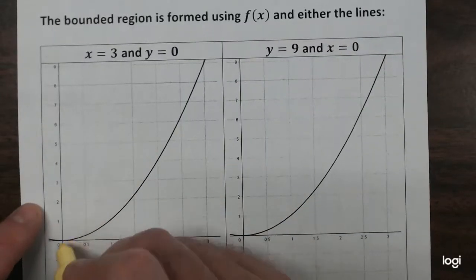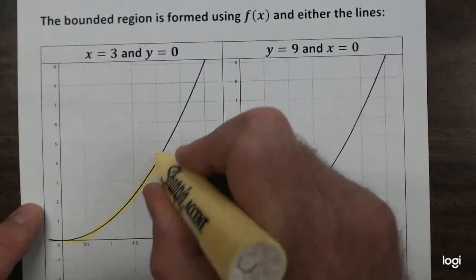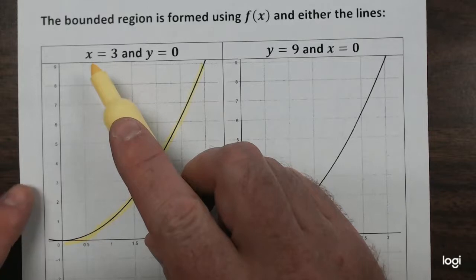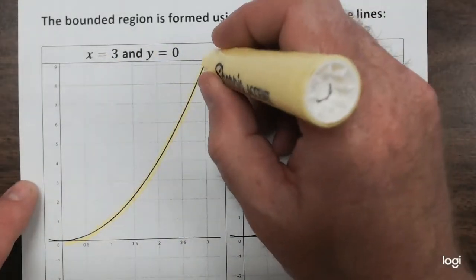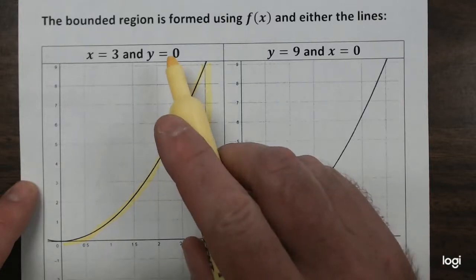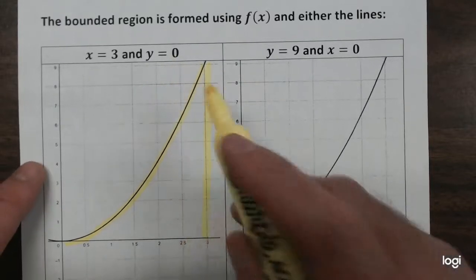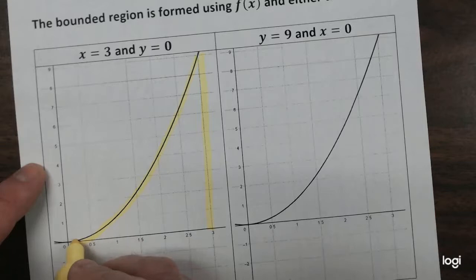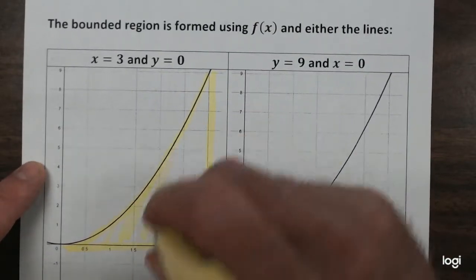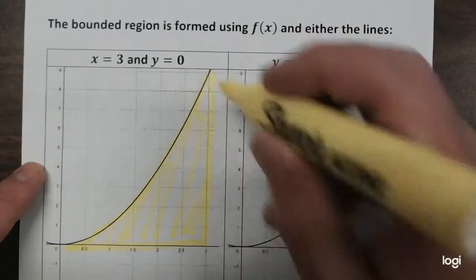The function y equals x squared is going to be one of our boundaries. The function x equals 3, that's a vertical line right here. And the equation y equals 0, aka the x-axis, that's right here. So some of these examples are going to be using this as our bounded region.